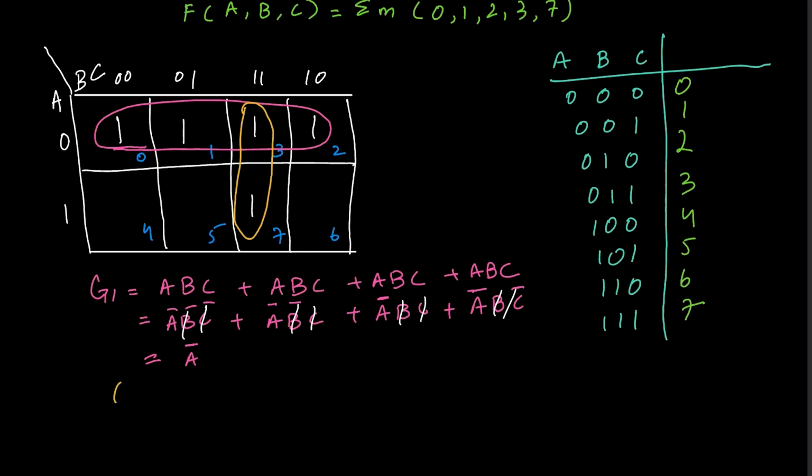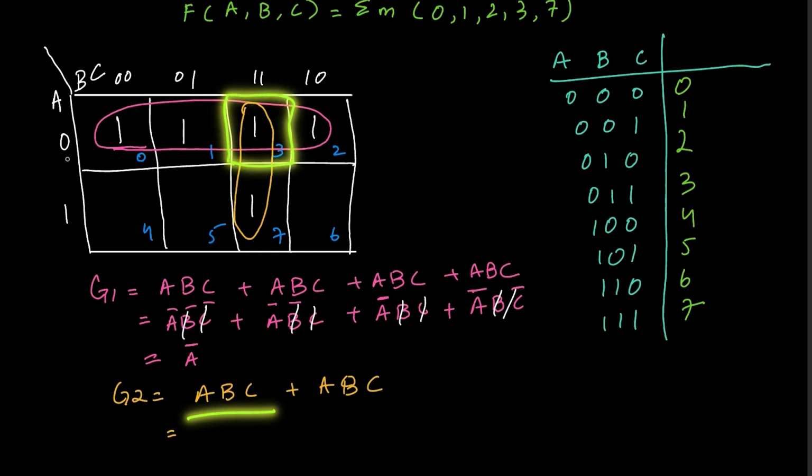Now it's time for group 2. For group 2, we will write A, B, C twice because there are two cells in the group. Next step is to see where the zeros and ones are from the equation. From the first cell, we can see A is 0, B and C are 1. So we will write A bar, B, C without bar.